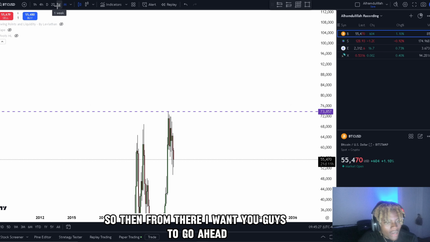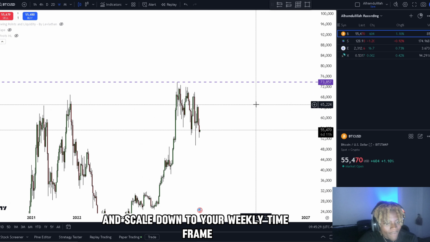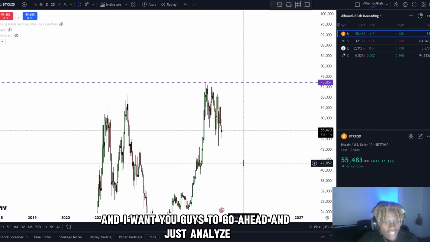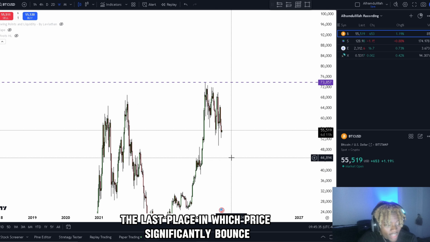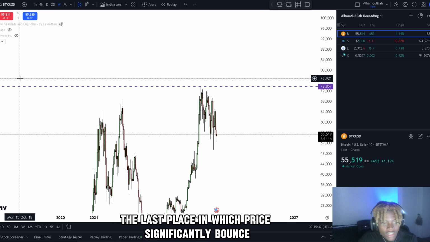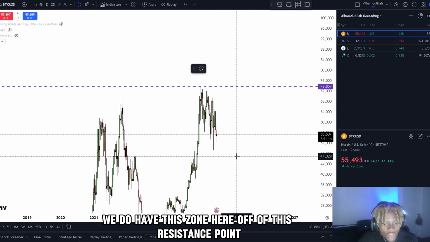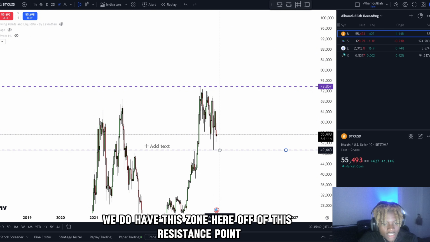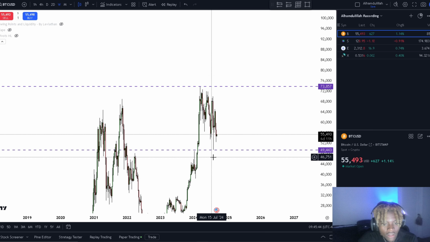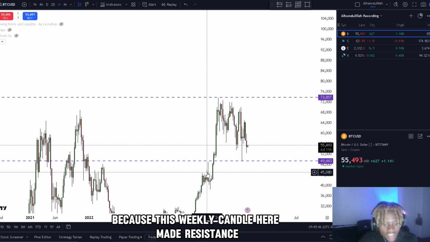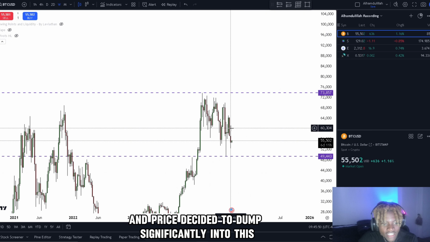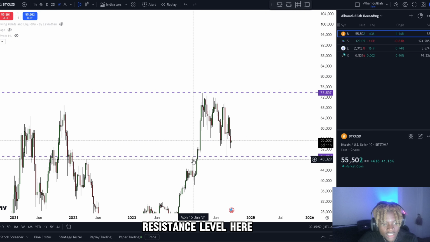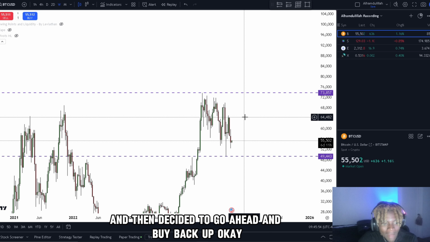From there, I want you guys to scale down to your weekly time frame and analyze the last resistance point. Look at the last place in which price significantly bounced. As you guys can see, we do have this zone here off of this resistance point. This zone was created because this weekly candle here made resistance and price decided to fall back down, dump significantly into this resistance level here, and then buy back up.